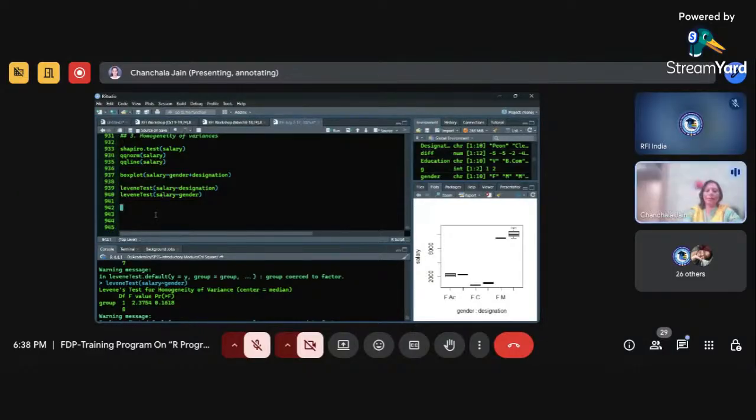So this way we have checked the assumptions. Now, moving ahead, we apply the two-way ANOVA.